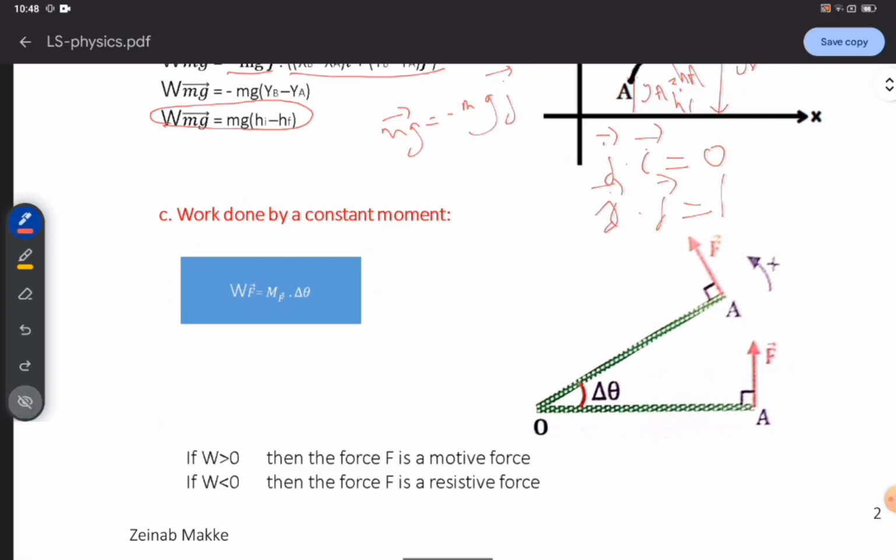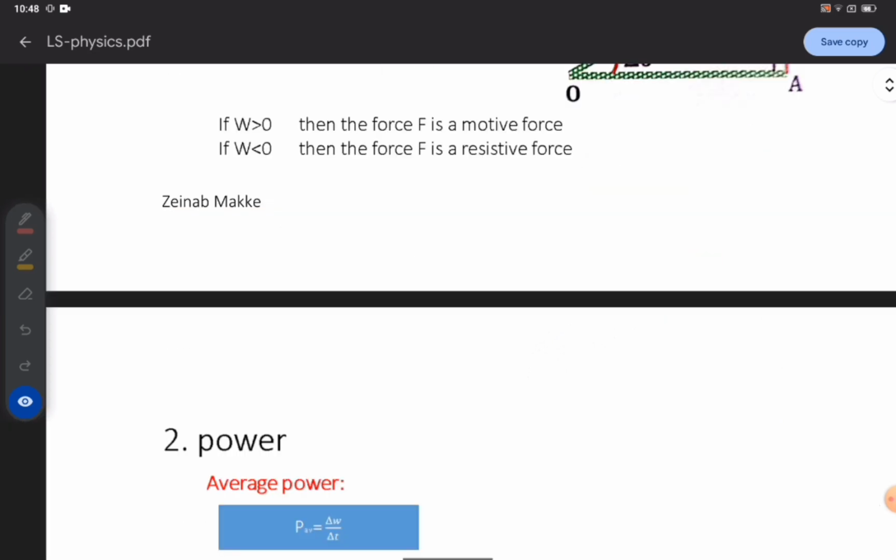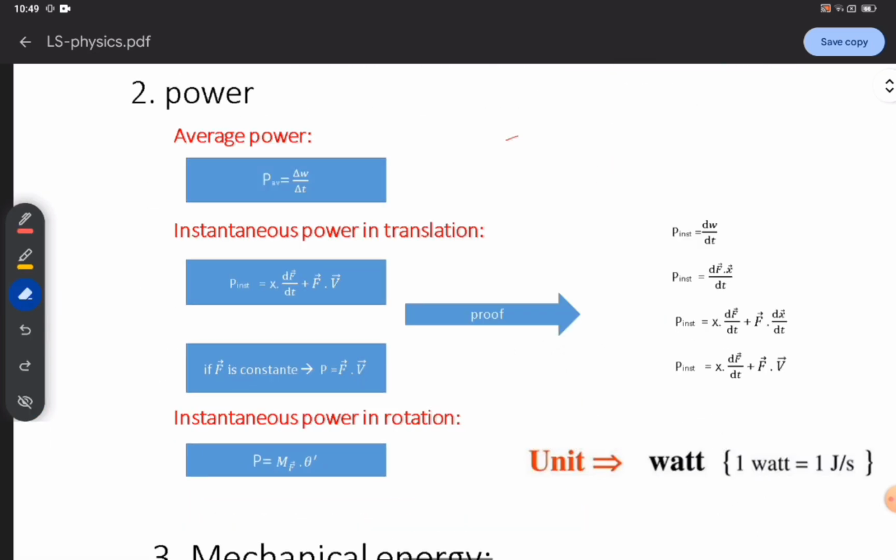Now work done by a constant moment, all about rotation is cancelled for the LS section, so this part is not required. Now power. Average power, P average equals delta W over delta t.